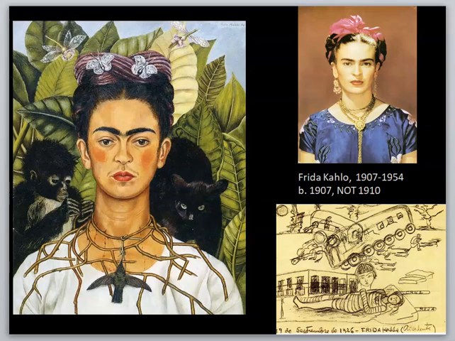Frida, when she is in her teens, is going to be the victim of a bus accident. And if you look down at the lower right, you're going to see her drawing of that. She nearly dies.